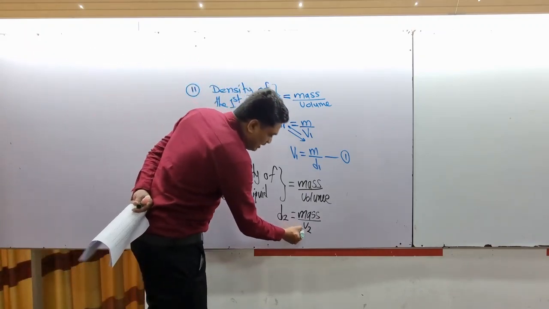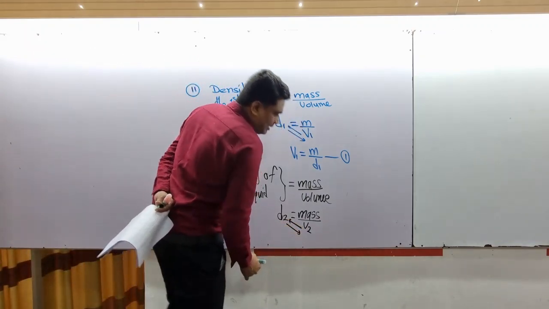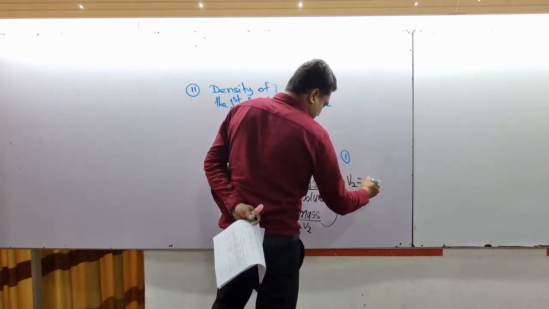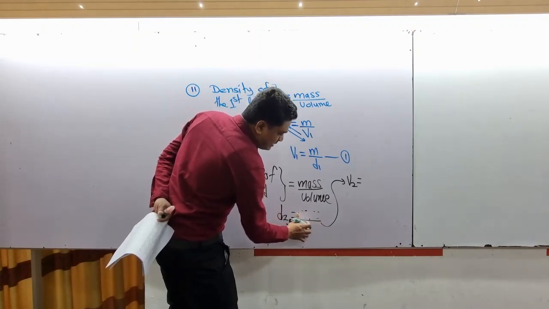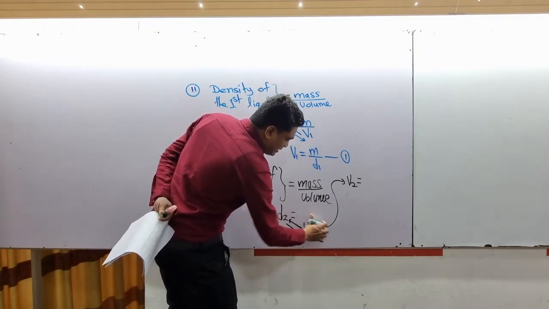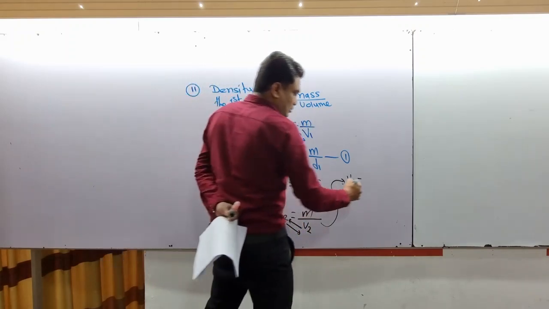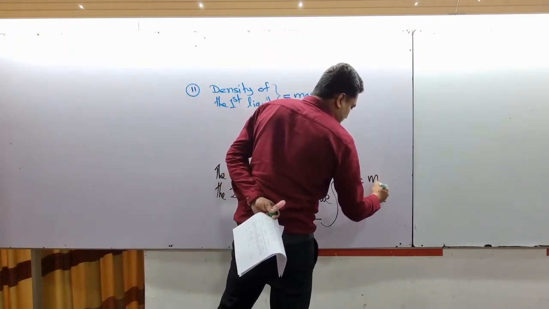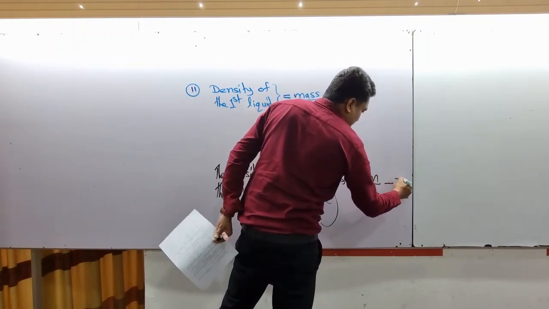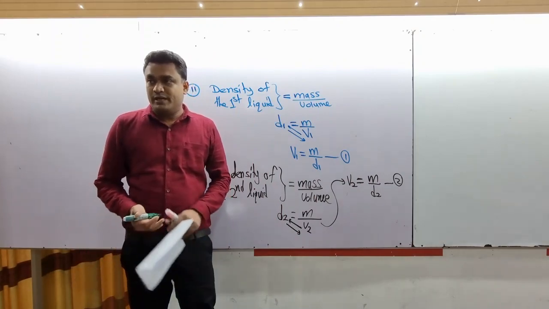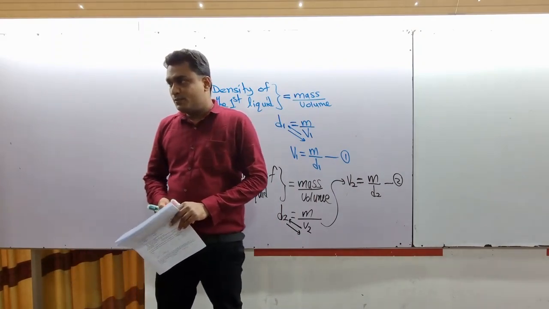So let me take V2 to this side, D2 to there, so I can subject V2. V2 equals, for the mass let me take simple M because masses of the liquids are equal. So we get V2 equals M over D2.